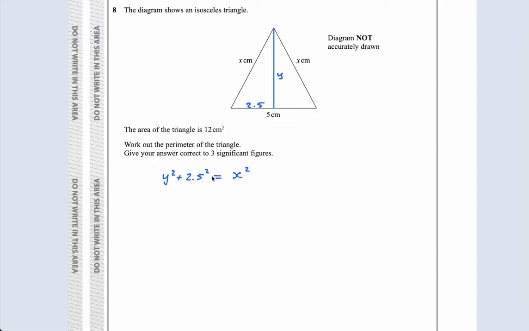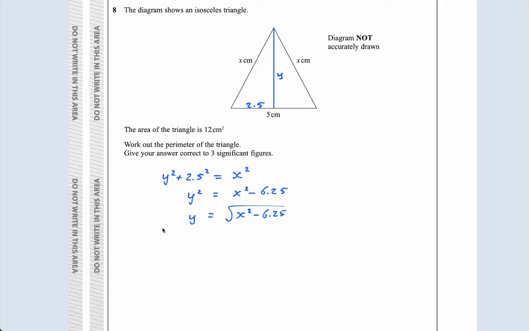And I can say that y squared equals x squared minus 2.5 squared, which is 6.25. And then y is equal to the square root of x squared minus 6.25. So that is the height of this triangle.